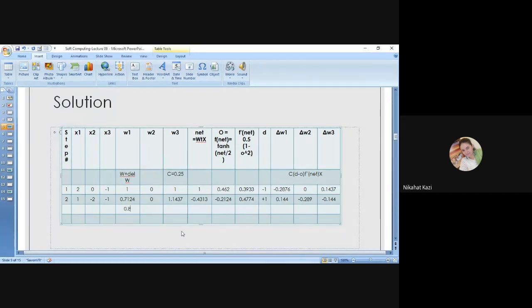So 0.85. There is something after 144. Which digit? 7. Okay, so 7 plus 4, 11. Right? Correct?